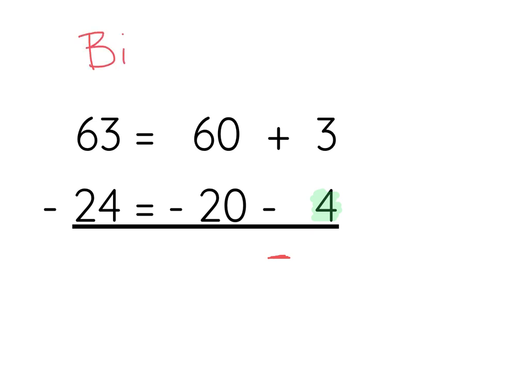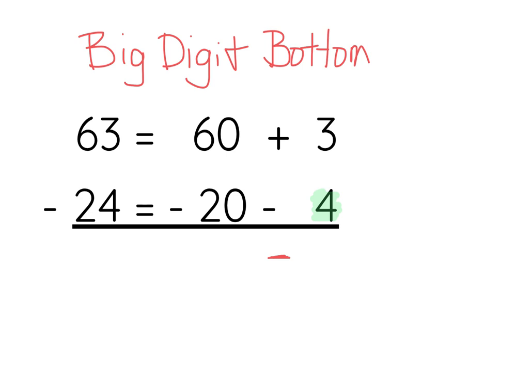So remember that. Now, earlier we talked about that meant you needed a strategy, but for this one, it just means you will have a negative number. So there is our negative number.